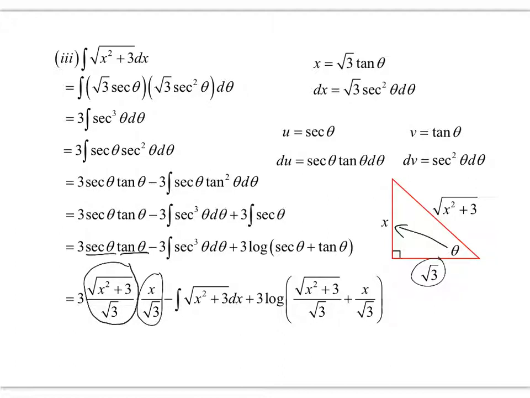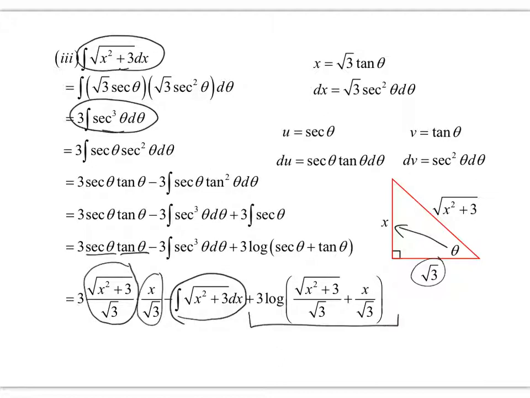Take away 3 lots of sec cubed. So this is the question. So 3 sec cubed is the question. So therefore we can rewrite the question out like this in values of x. And the last part is our substitution of 3 log of sec theta plus tan theta.